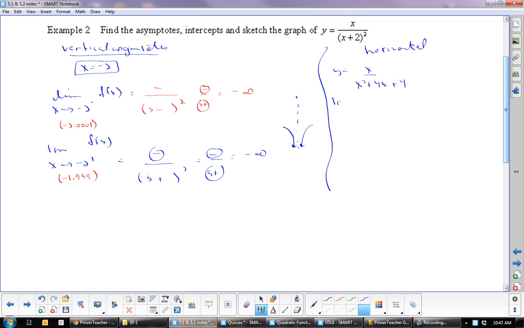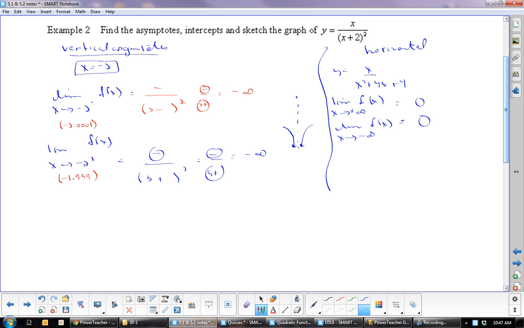So the limit as x goes to positive infinity of f of x, what would this equal? 0. Now if I got infinity here, I would be testing my negative, okay? But I'm going to do it anyway as x goes to -infinity of f of x. You can see you'll get 0 as well.